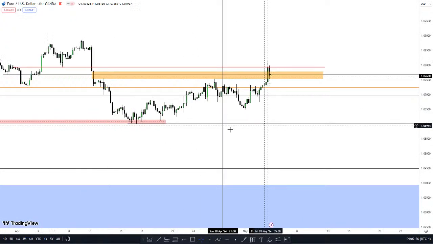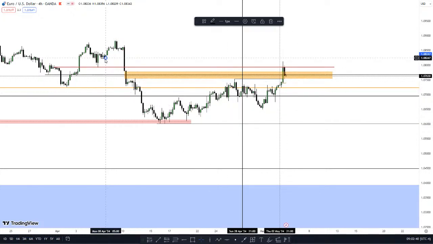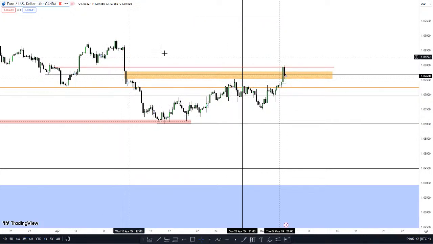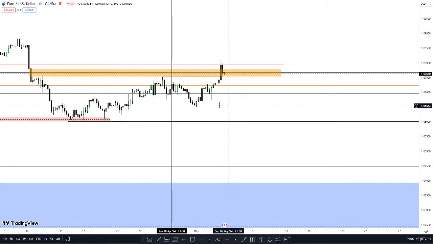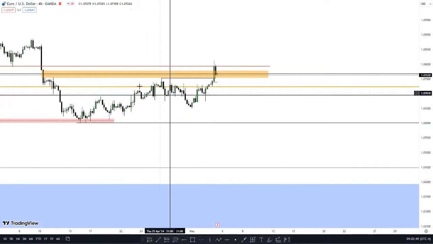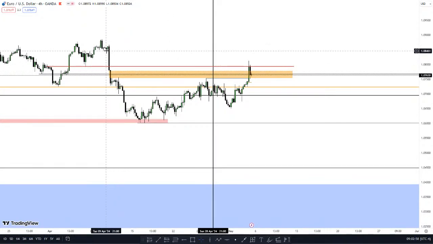So the 4 hour had something I was expecting to happen. Let me just get this out of the way. So this 4 hour fair value gap, yes, we did close above it and still dug into this wide 4 hour fair value gap. It's still good because it's still a bearish fair value gap.